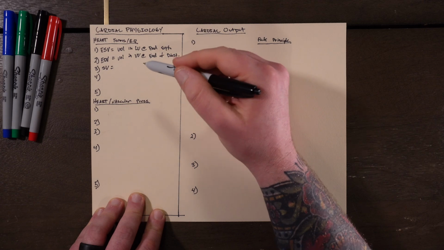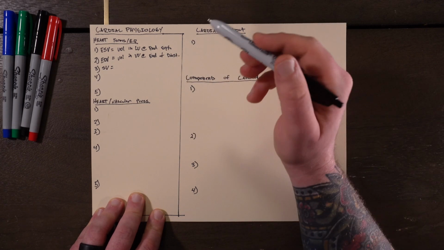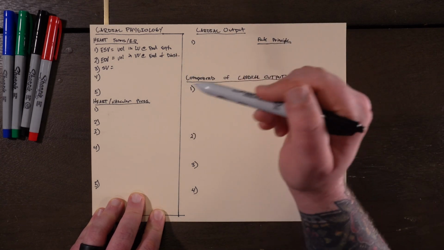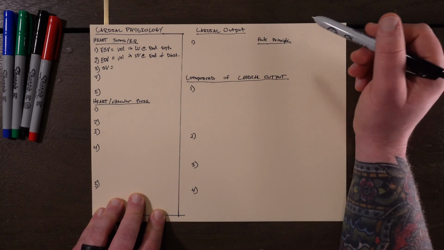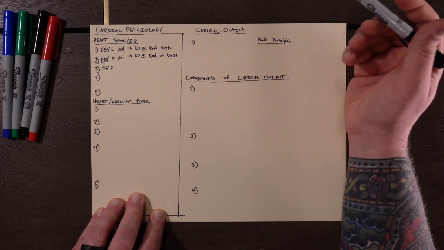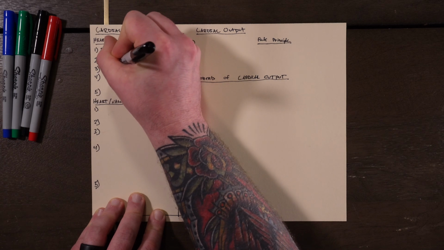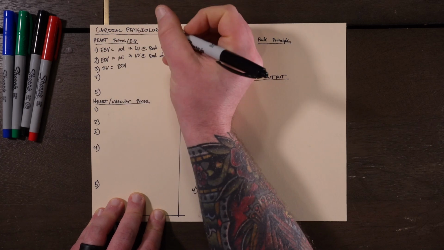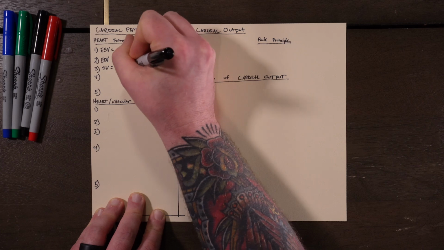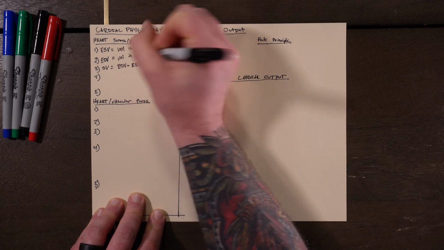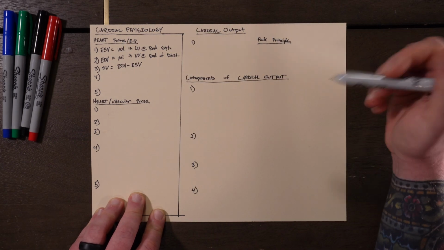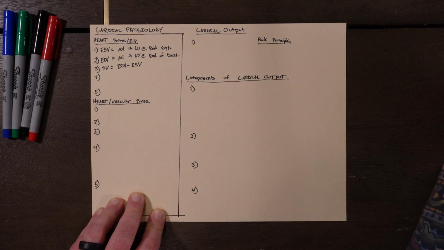Stroke volume is the amount of blood ejected out of the left ventricle at each cardiac cycle, right? So how would you determine the volume? Oh, well, that's pretty easy. You would take the end diastolic volume, and then you'd minus the end systolic volume, right? And that would give you how much blood was ejected.